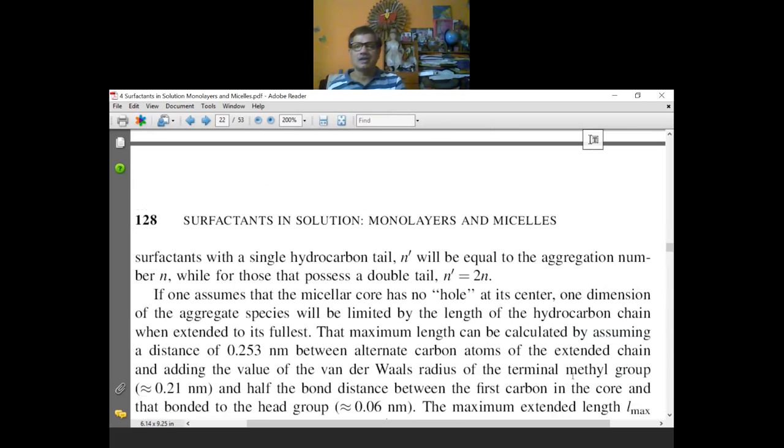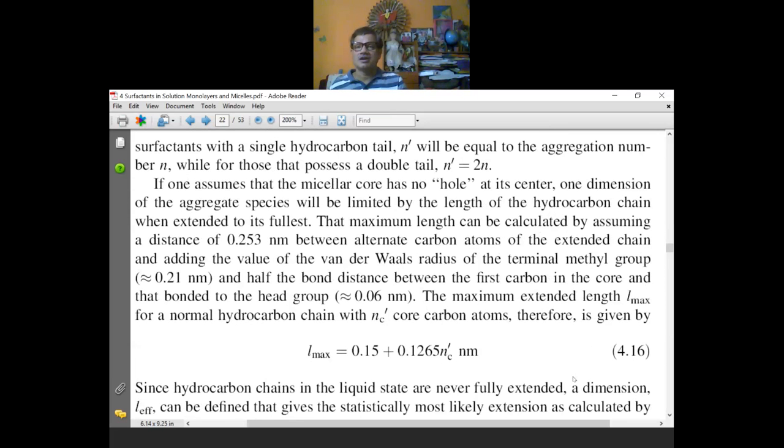And I have mentioned that if the number of hydrocarbon chains is 1, then the n value would be equal to the aggregation number n. And if the surfactant has 2 hydrocarbon chains, then I will consider the n prime value equal to 2n. And this is applicable if I consider the micellar core having no hole.